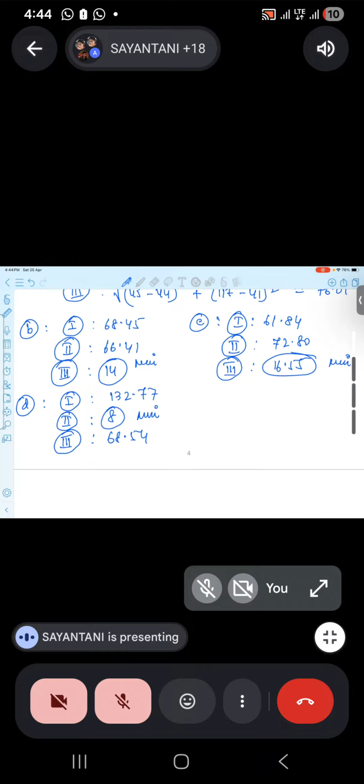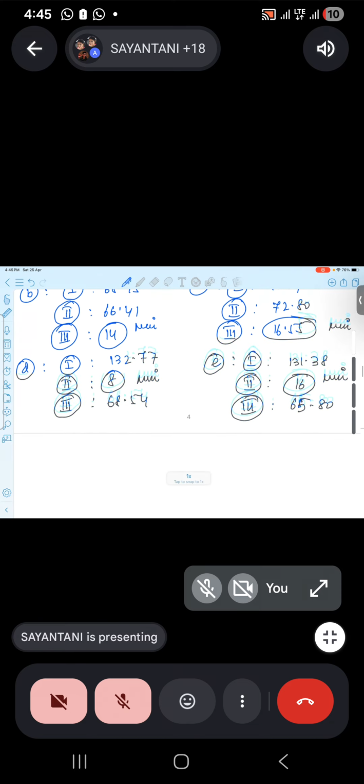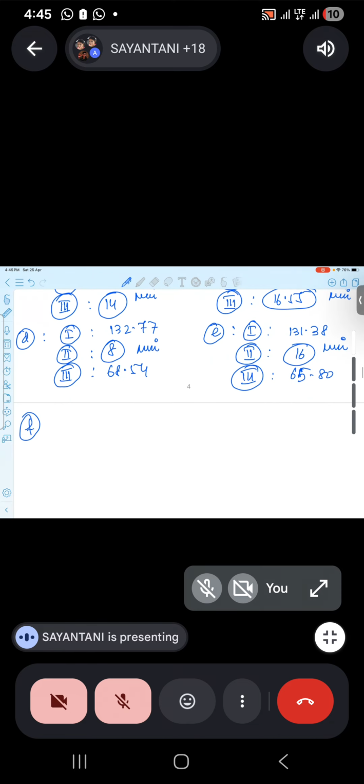This value is minimum. This is minimum. And the last coordinate left is F. So 2 is minimum. Okay.